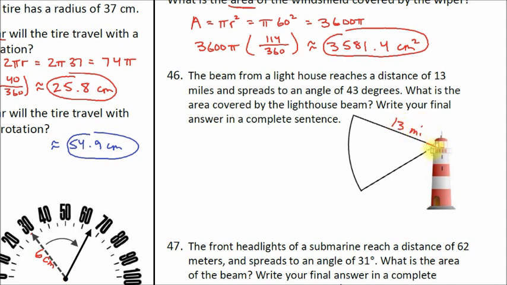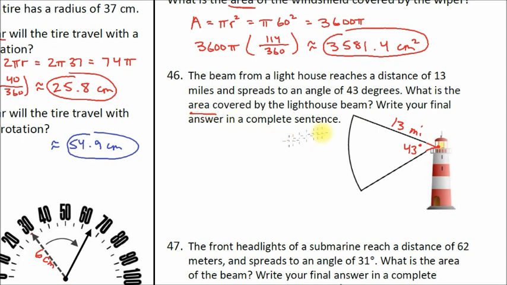And since the lighthouse beam goes right to here, this is a sector area. So it says, what is the area covered? Sorry, let's finish this. 13 miles and spreads to an angle of 43 degrees. There's the two things you have to know for sector area: the radius and the measure of the central angle. What is the area covered by the lighthouse beam?